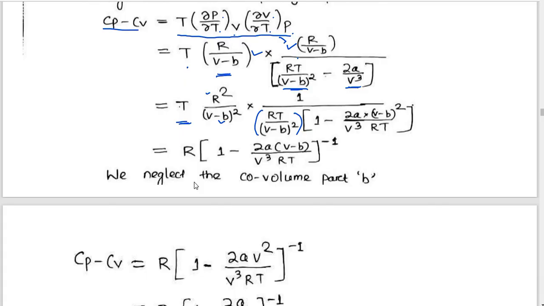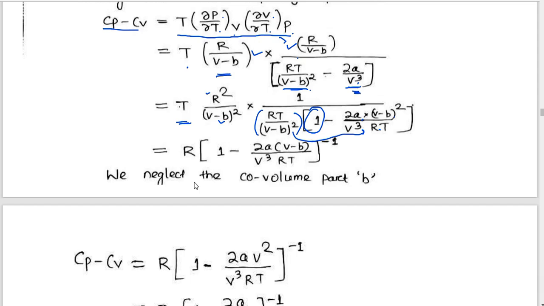So from the first part, it will be 1 because everything is taken out. This is 1, and in the remaining part, we have to put the reverse. उसका जो रेसिप्रोकल है उसको लिखना है, क्योंकि इसमें नहीं था, हम इसको बाहर ले जाएंगे तो उसका रिवर्स हमको लिखना पड़ेगा. तो 2a by V cube, the reverse क्या होगा? V minus b square into R T, such that if we multiply these two parts, this will lead to only this part.